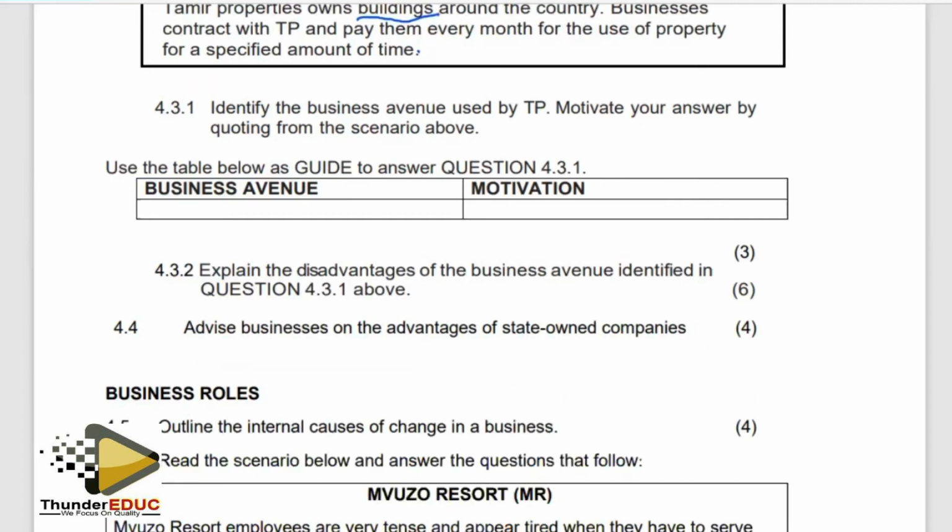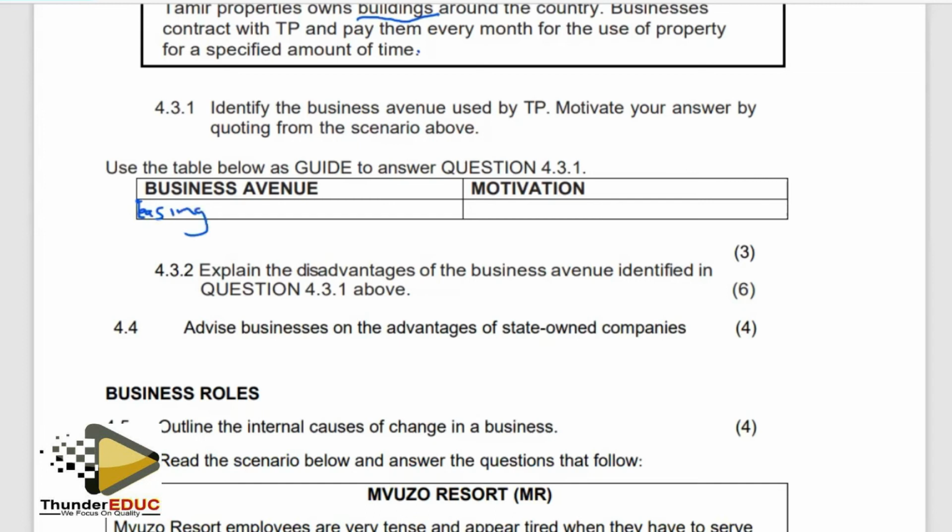We have that question. Identify the business avenue that is used by Tamil. The business avenue is leasing. I think if you remind yourself very well, you can understand what leasing is.